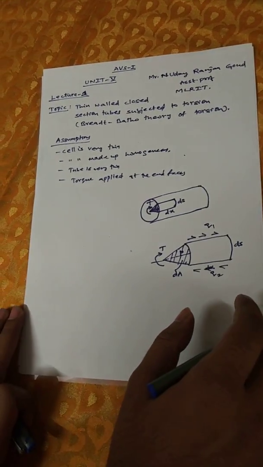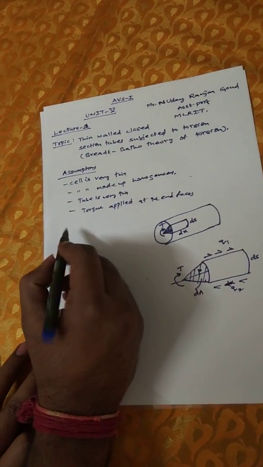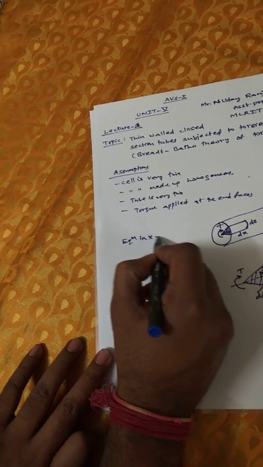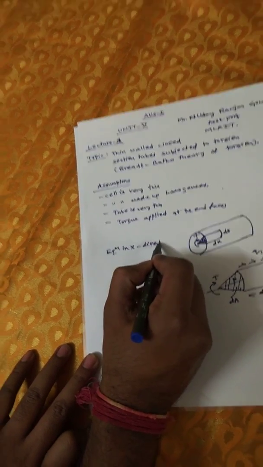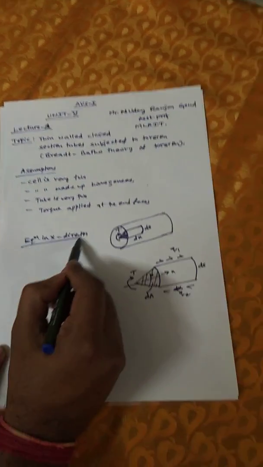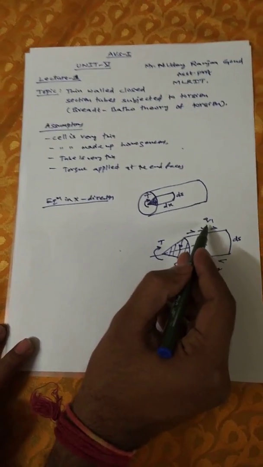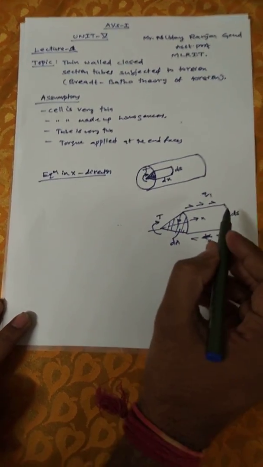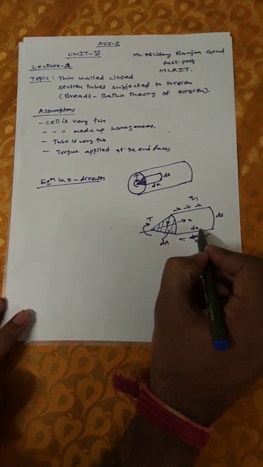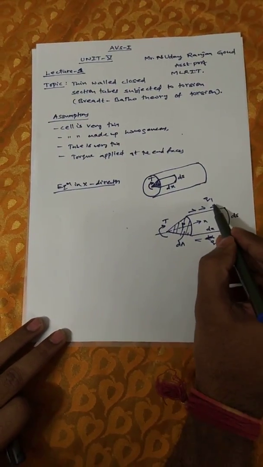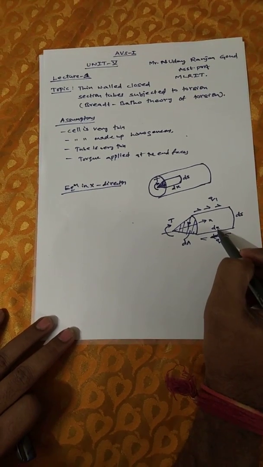Now for this particular element I am considering the equilibrium. So equilibrium in x direction, let us consider this direction as x. The shear flow is nothing but shear force per unit length, and earlier we considered this elemental width as dx, so this particular q1 should be multiplied with dx to get the force.